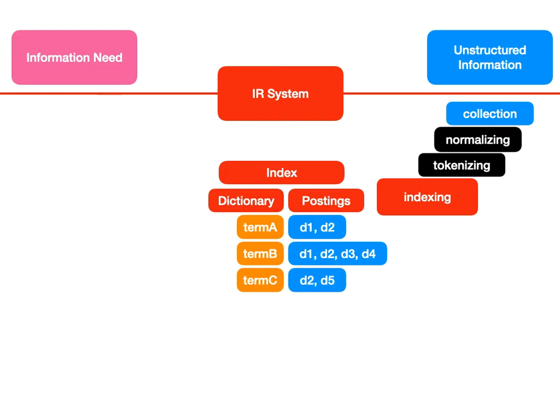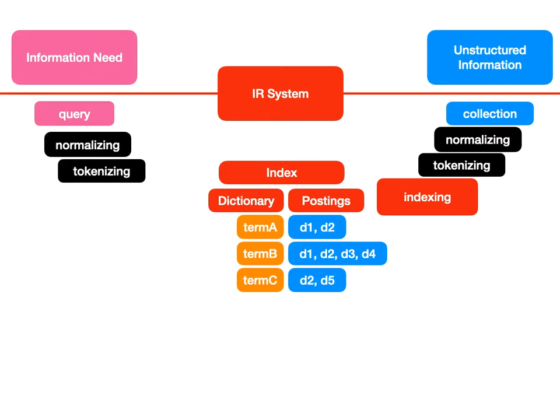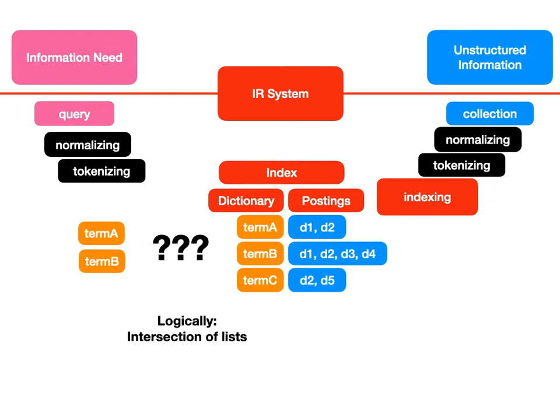So then the user comes in and says, I have a query. We take that query and we normalize it and tokenize it just as we did with the documents. And then we get our terms. Now, here is where our first step of processing the query must be answered. We know logically that, ultimately, we're going to intersect the lists of postings to get the addresses, the locations of the documents in the collection that the user wants, right?